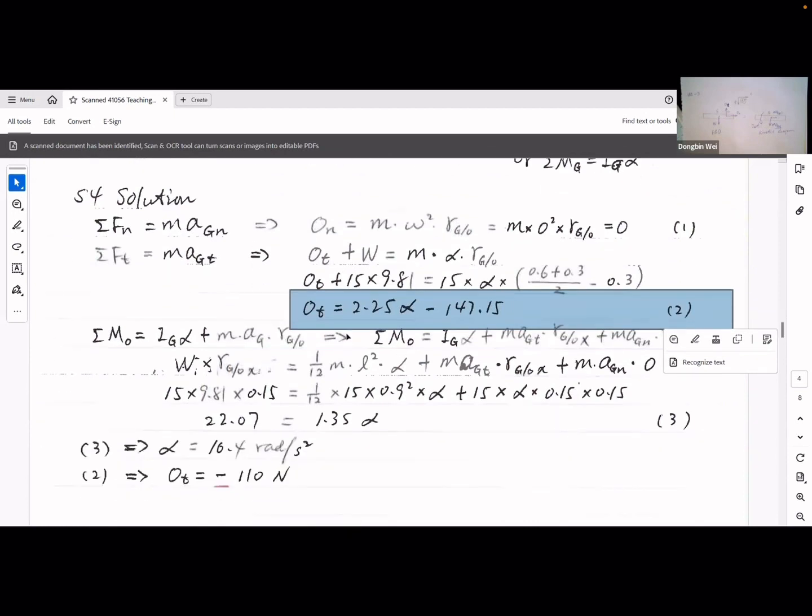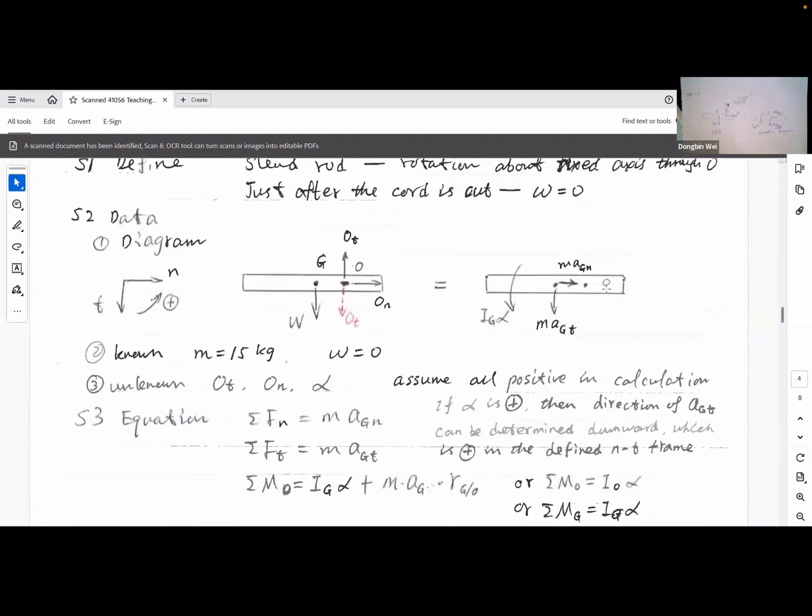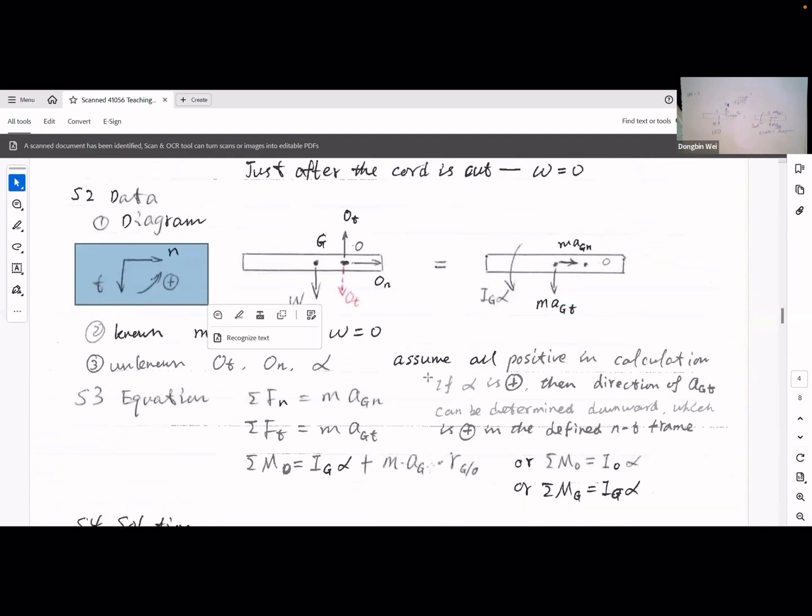In this one here, we have OT and alpha. Here for A_G^T, the magnitude is alpha times the distance from G to O. For A_G^T, as mentioned, because we already assumed alpha counterclockwise, then A_G^T must be downward, which according to this coordinate system should be positive.